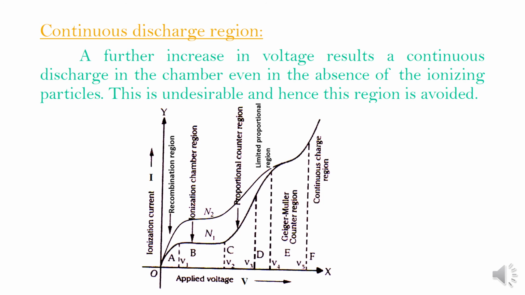This GM counter works in the Geiger-Müller counter region, that is, in the voltage range V4 to V5. According to your syllabus, we are going to discuss two important detectors.